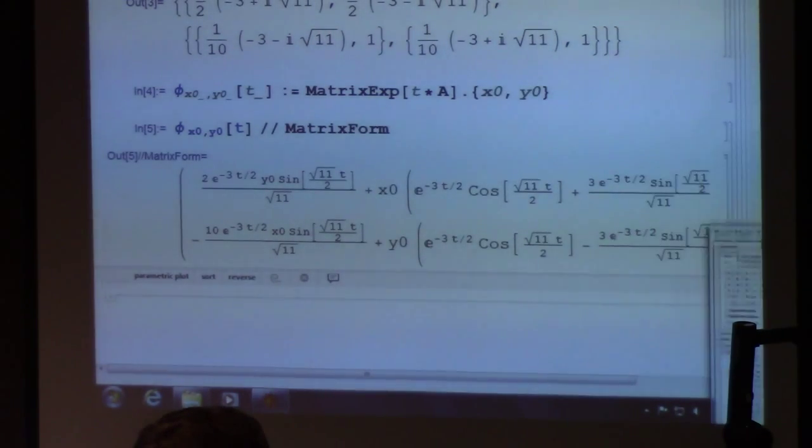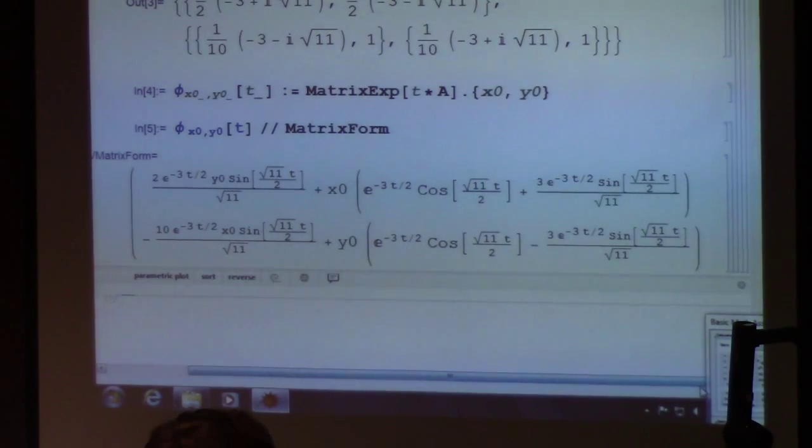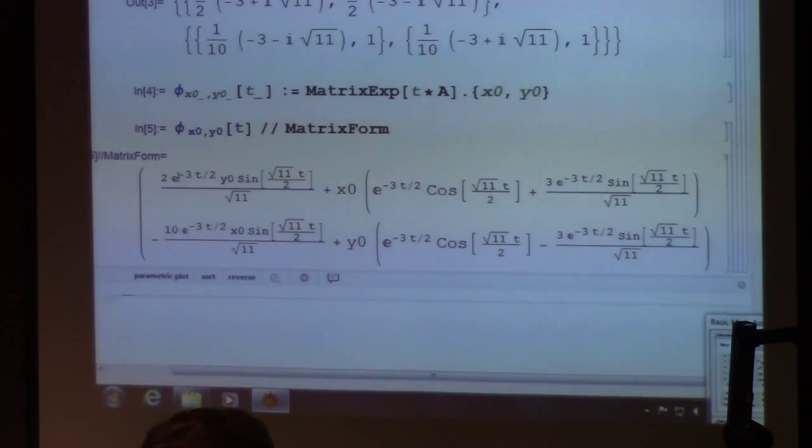There it is, not so pleasant looking. But there it is. It does involve trig functions, cosine, sine. It does involve exponential decay. It's all good to notice.